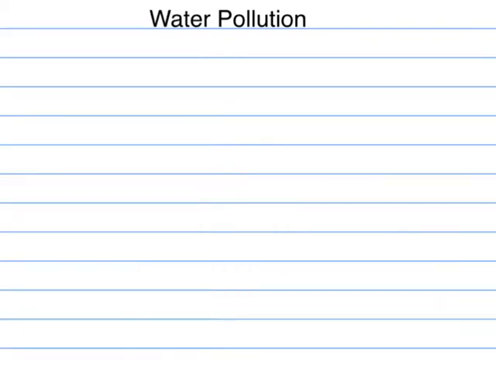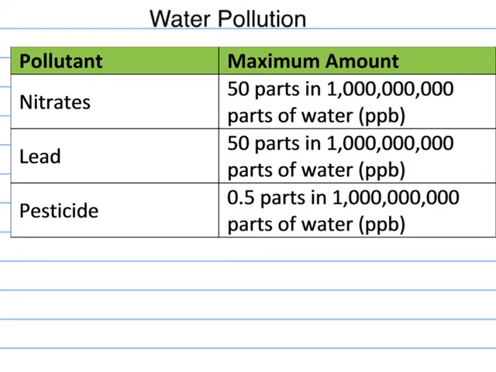Now water pollutants are any chemicals that are deemed to be poisonous to humans or to other living things. There are legal limits for different pollutants, and we've got three pollutants here. We've got nitrates, which you can often find in fertilizers.